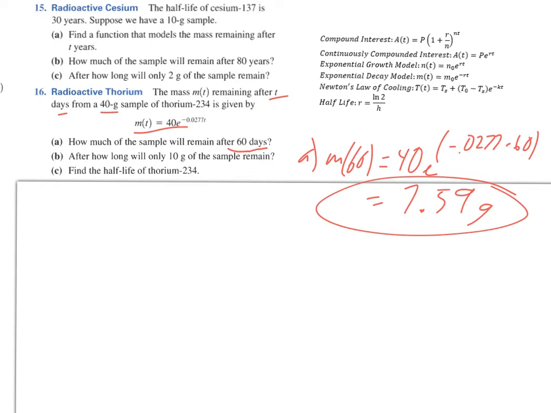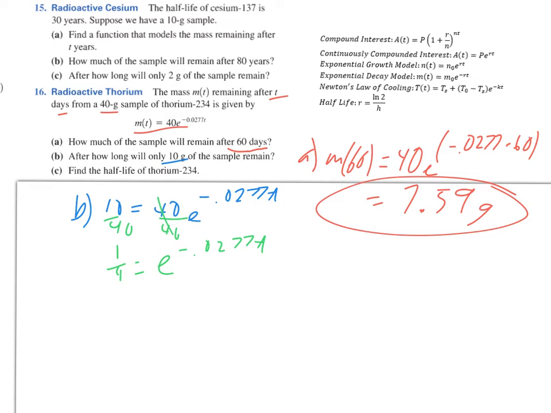Okay, and so next up, part B, it says how long until 10 grams remains. So that, again, is asking me to go back to the original function and plug in 10 here. So I'm going to say 10 equals 40 times e to the negative 0.0277 t. I need to divide by 40 first to isolate my base of e. So then I can reduce this to 1 over 4 equals e to the negative 0.0277 t.